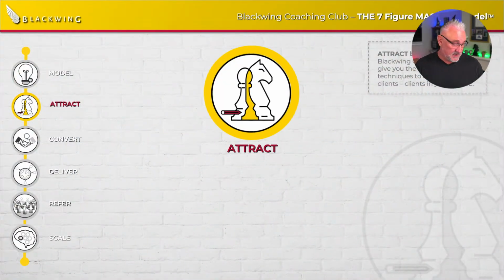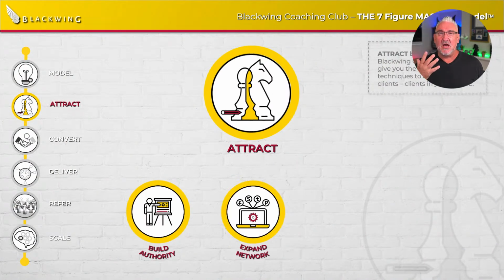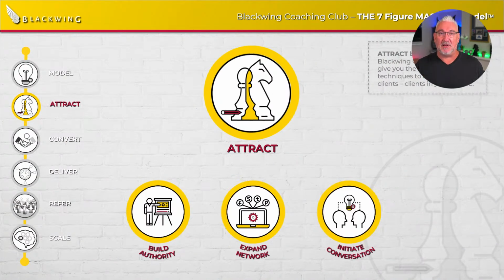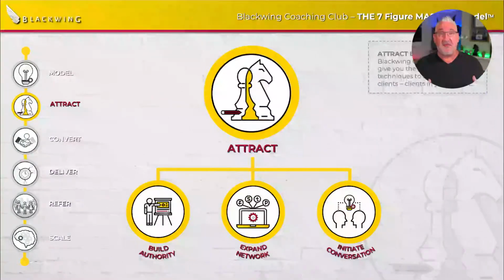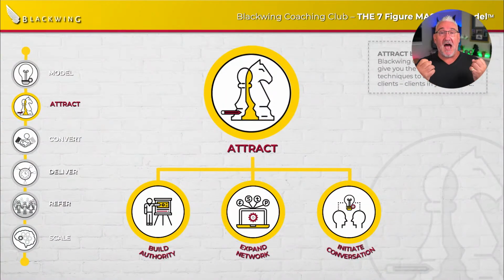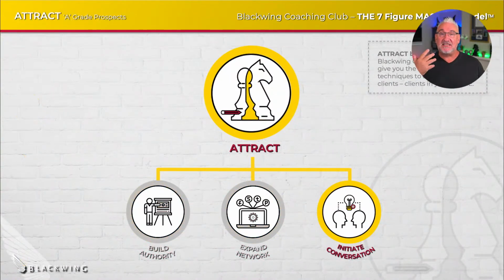It's actually the second pillar, which is the attract pillar, made up of 3 accelerators: build authority, expand your network, and initiate conversation. Today's learning is definitely part of initiating conversation.